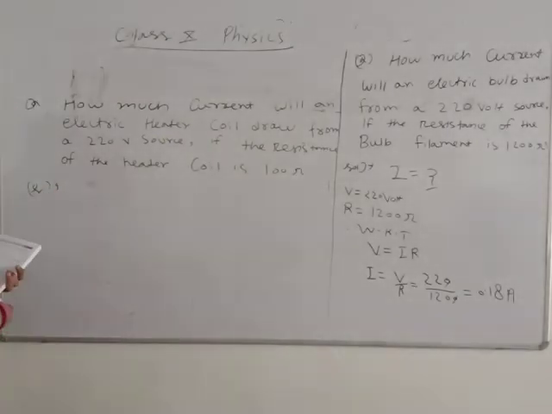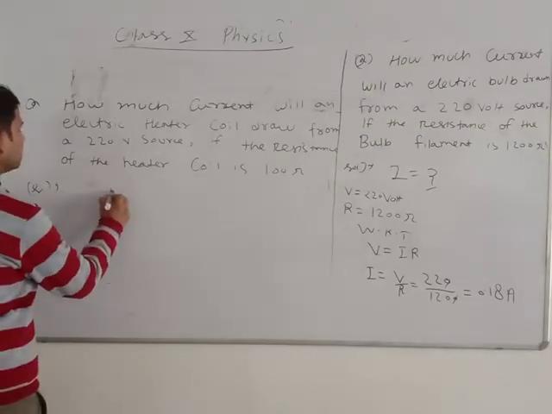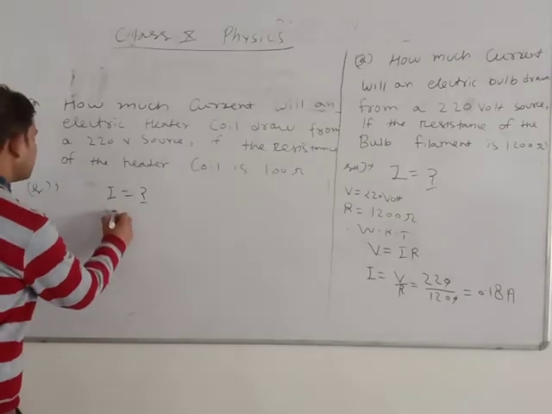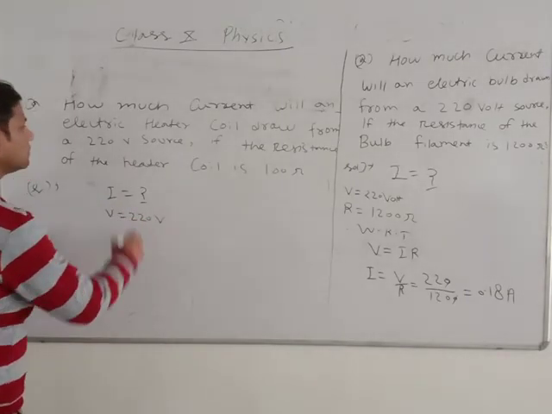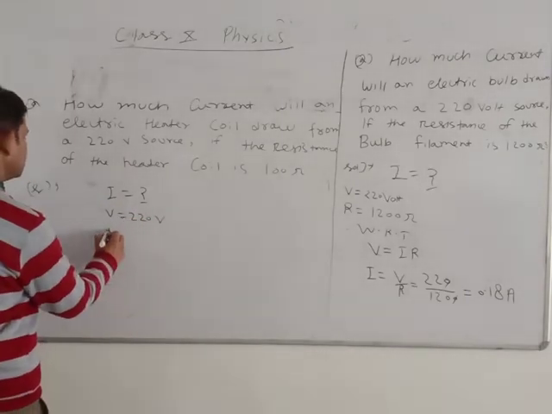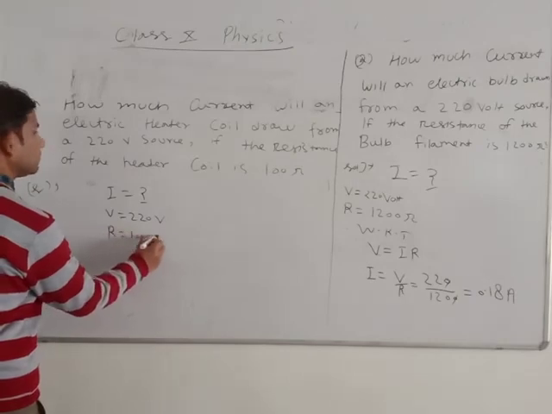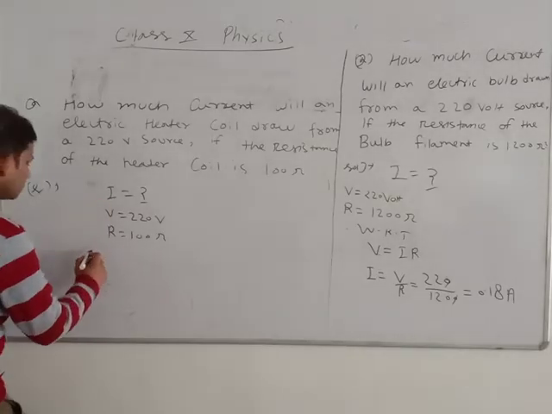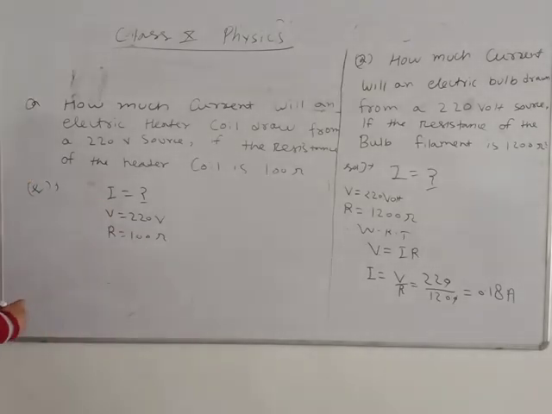Student, in this question, how much current will an electric heater draw, I equals question mark. V is given as 220 volt and resistance is given as 100 ohm. So in this question we can find the value of I. I equals question mark, V equals 220 volt and R equals 100 ohm.